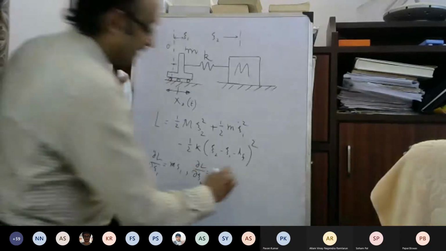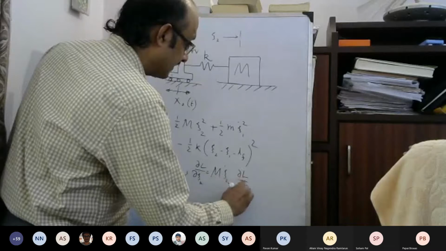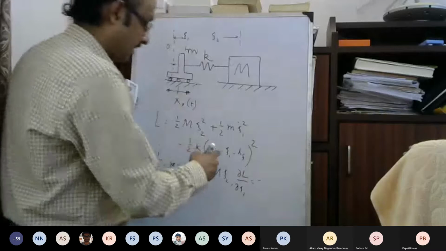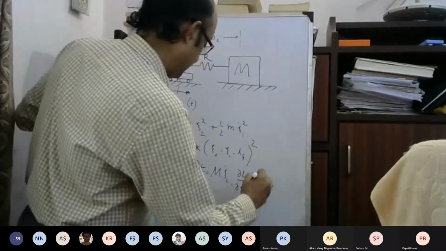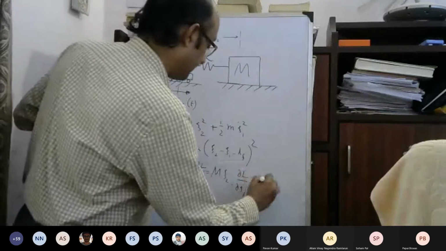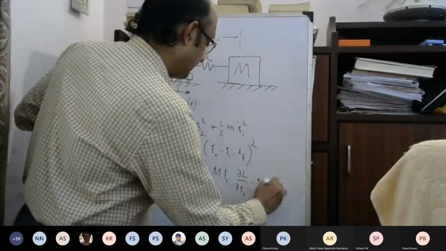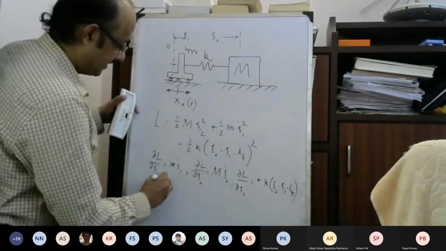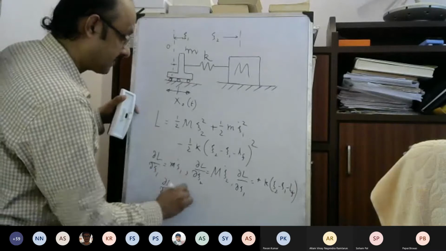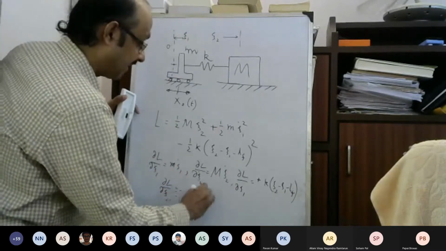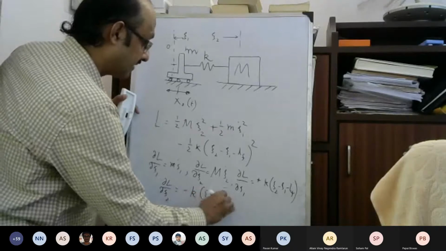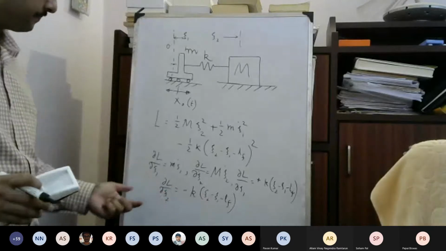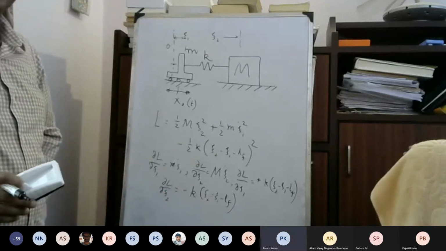Del L del zeta 1 is equal to plus k zeta 2 minus zeta 1 minus Lf, and del L del zeta 2 is equal to minus k zeta 2 minus zeta 1 minus Lf. This is clear? Correct? Yes, sir.